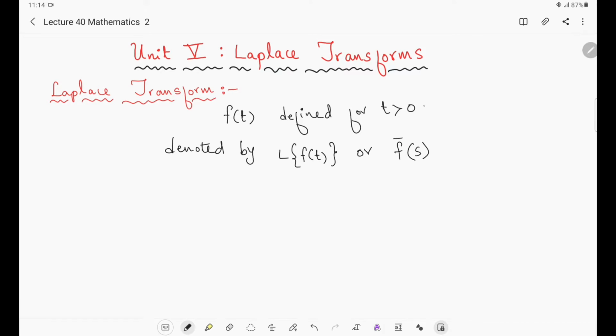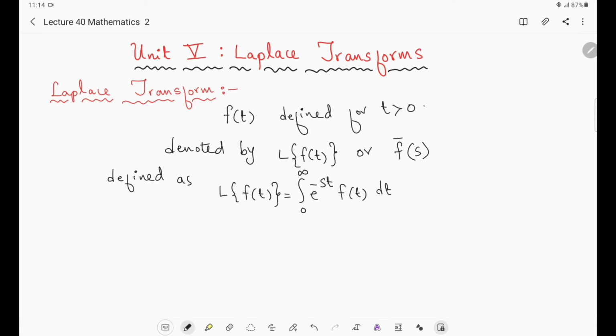When we transform the given function f of t by using the Laplace transform, the notation is L of f of t or f bar of s, and it is defined as: Laplace transform of f of t equals the integral from 0 to infinity of e to the power minus st, f of t, dt.